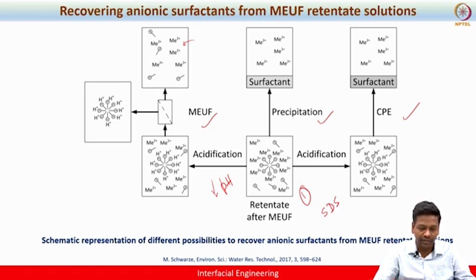The other method is based on precipitation. Here, we know the Krafft point of SDS is 13 degrees Celsius, whereas the Krafft point of the entire unit, which is SDS combined with the cationic impurities, is let's say 35 degrees Celsius.